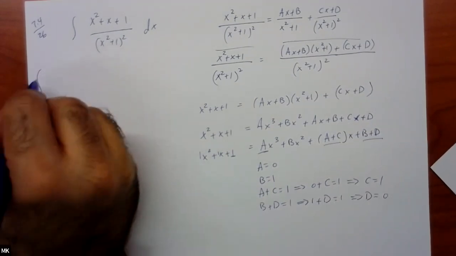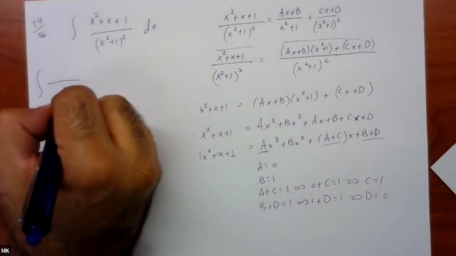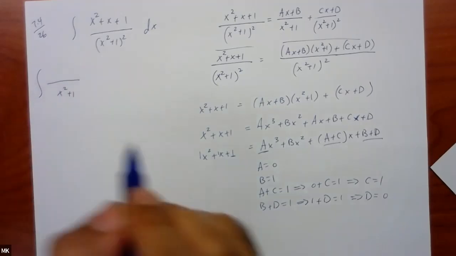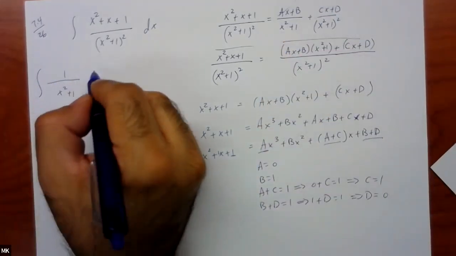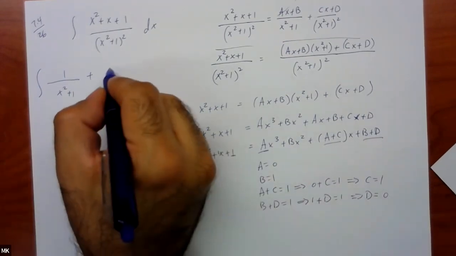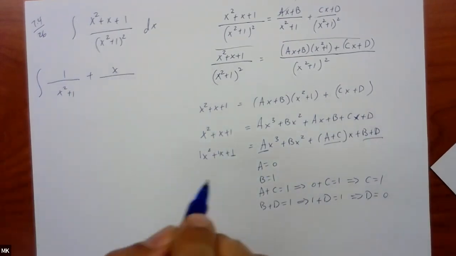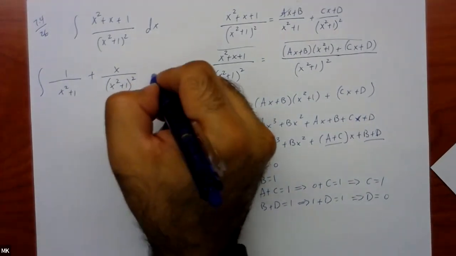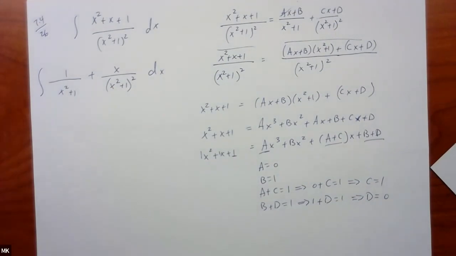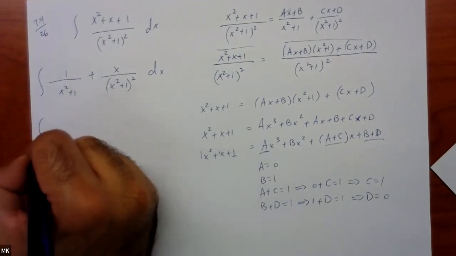So my partial fraction decomposition of this would be: A is 0, so that part is gone. B is 1. C is 1. D is 0, that part is gone. Okay, not too bad. I think it's actually pretty good. The first one, I'm going to split it.